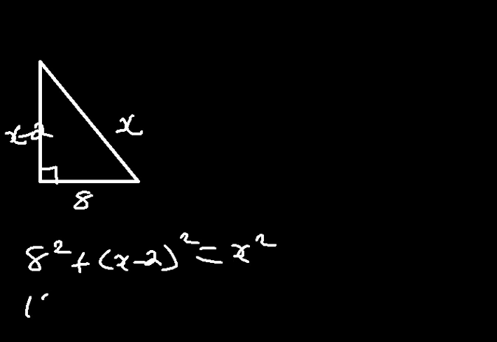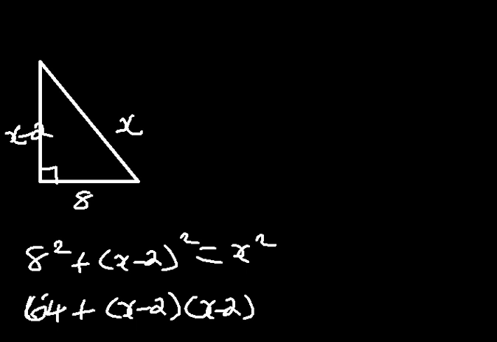I have 64 plus x minus 2 times x minus 2, which is equal to x squared. So you should know how to expand the expressions. We'll have 64 plus, now x times x will have it as x squared, and x times negative 2 will have negative 2x.